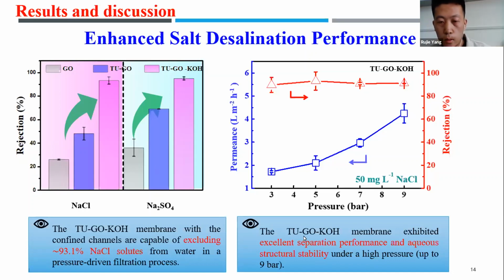In this study, the membrane was treated by potassium hydroxide solution. It's an alkali environment. Okay. What is the pH of your treatment solution?